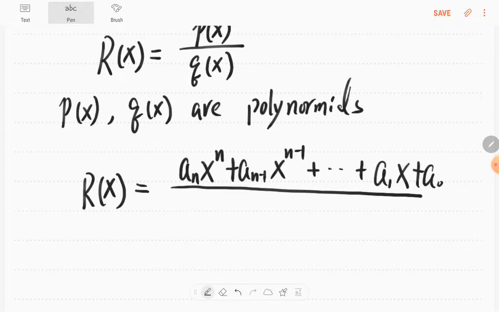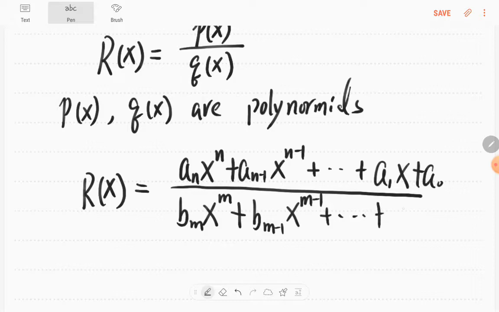Over Q, which is also a polynomial. We should not use the same n, we use another letter m. So b sub m times x to the m plus b sub m minus 1 times x to the m minus 1 plus and so on, plus b1 x plus b sub 0.